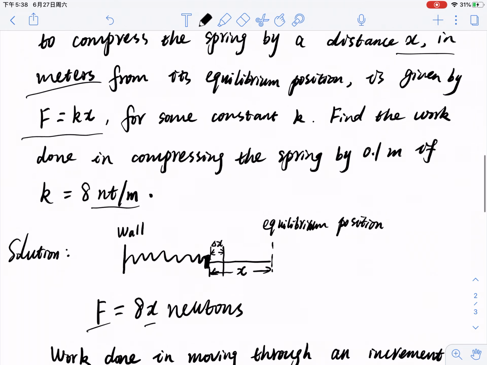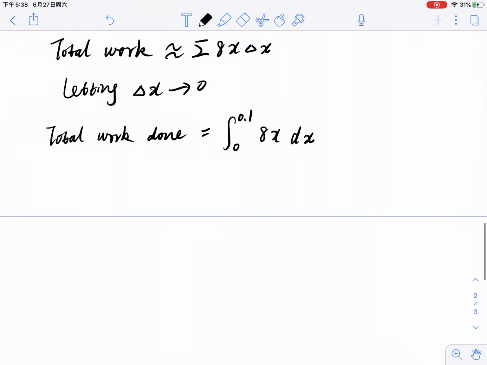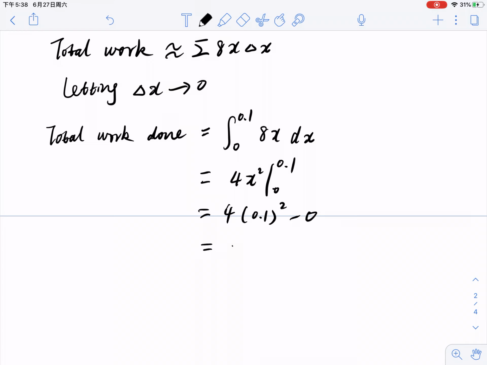Because we compress the spring by 0.1 meters, x is from 0 to 0.1. So this is 4x squared from 0 to 0.1. So this is 4 times 0.1 squared minus 0. So this is 0.04 joules. This is example 2.